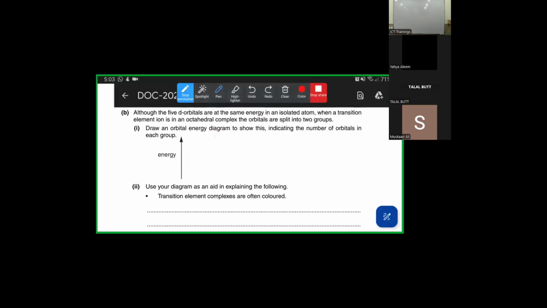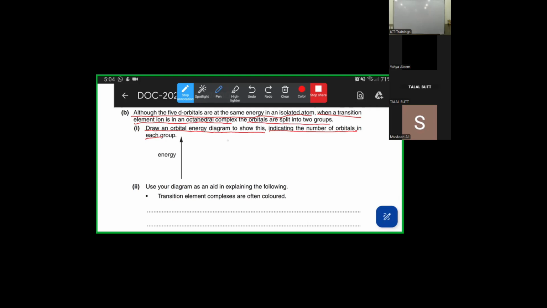Now he says, although the 5d orbitals are at the same energy level in an isolated atom, when a transition element ion is in an octahedral complex, the orbitals are split into two groups. Draw an orbital energy diagram to show this, indicating the number of orbitals in each.